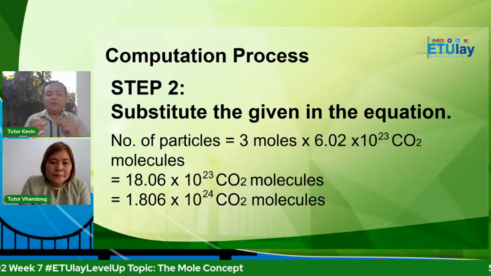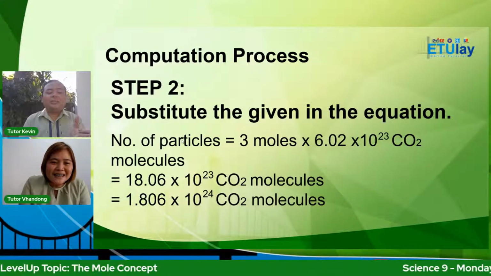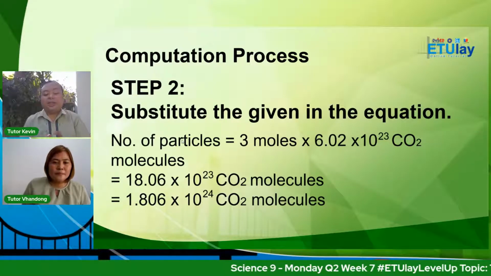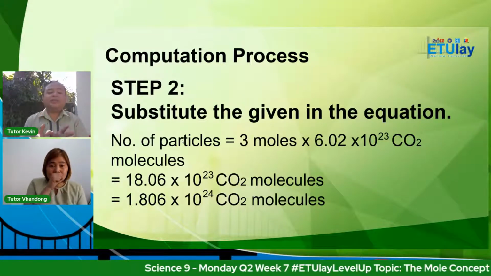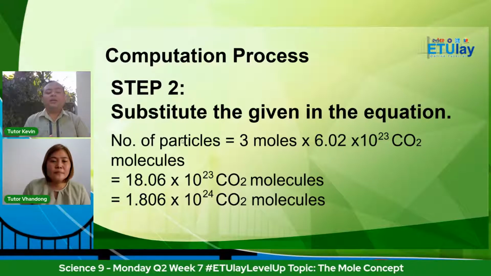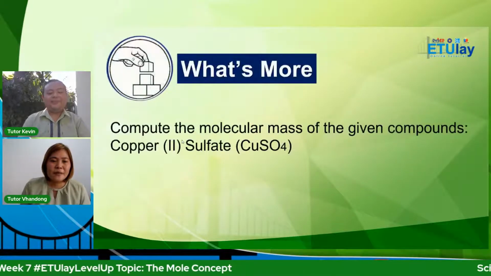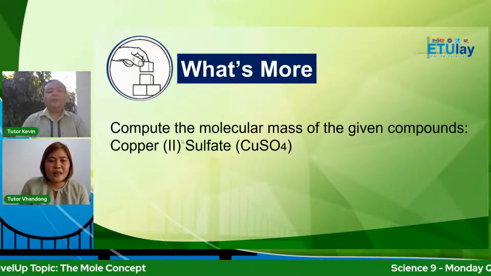So, ano nang gagawin natin dyan? 18.06 times 10 to the 23rd power carbon dioxide molecules equals 1.806 times 10 to the 24th carbon dioxide molecules. Okay? All right. Tutor Bandong, what's more?